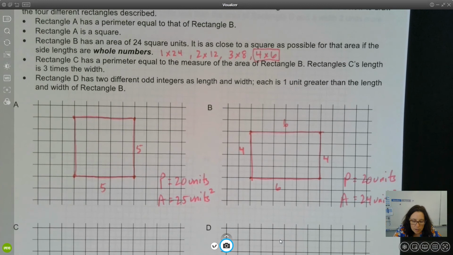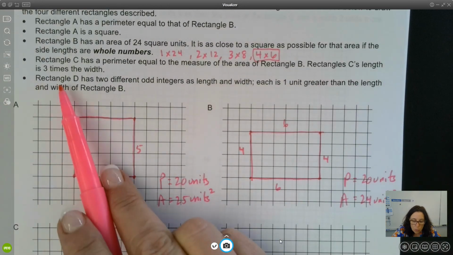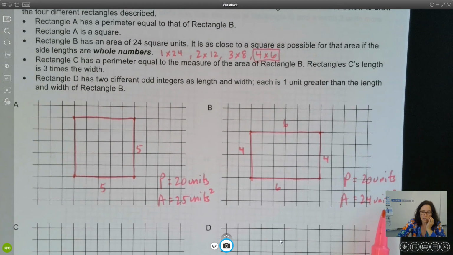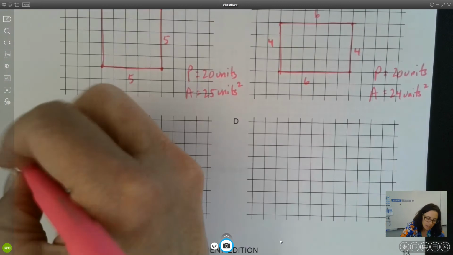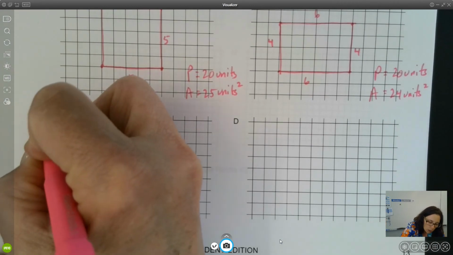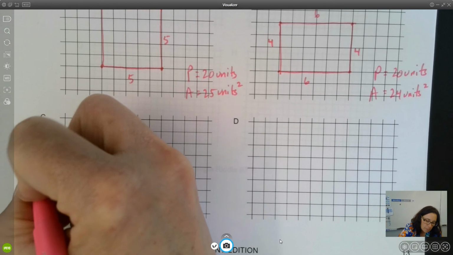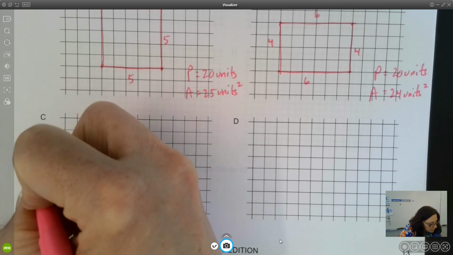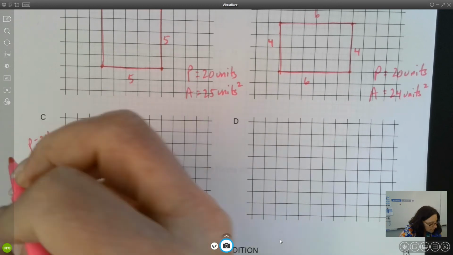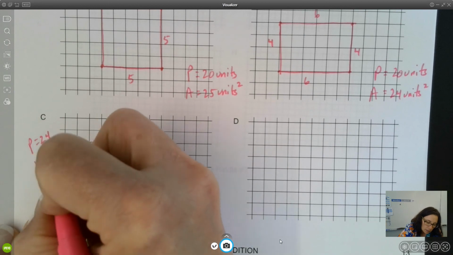All right, rectangle C, I'm down here. Rectangle C has a perimeter equal to the measure of the area of B. So we need the perimeter of C to be 24. Rectangle C's length is 3 times the width. If the perimeter is 24, we could have a 1 by 11, 2 by 10, 3 by 9.